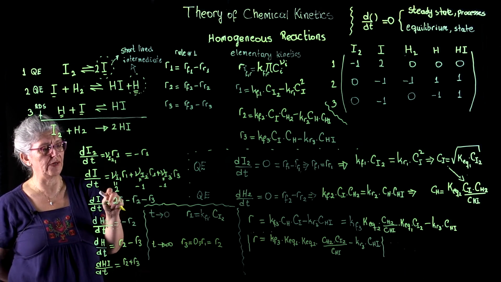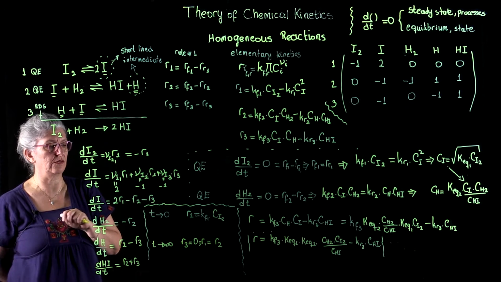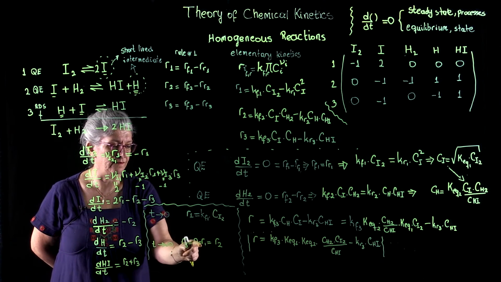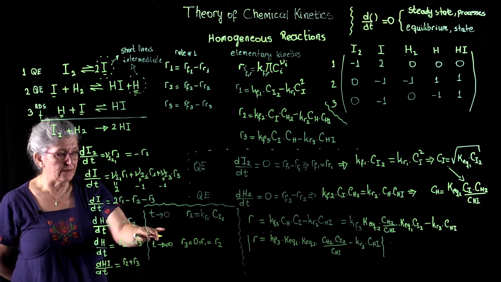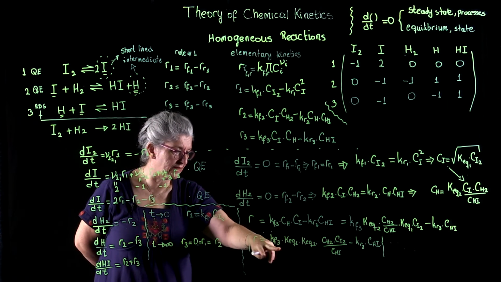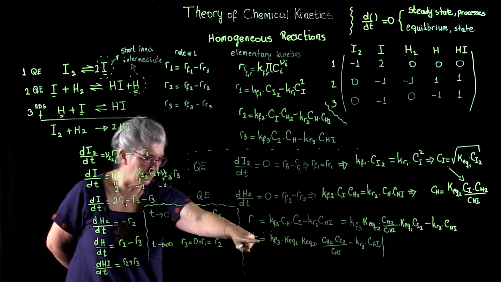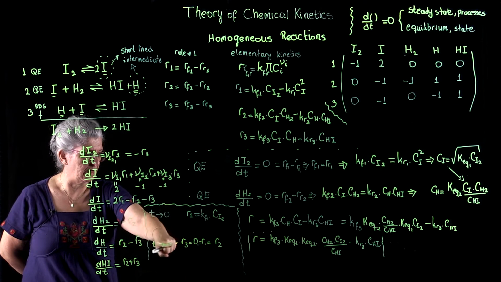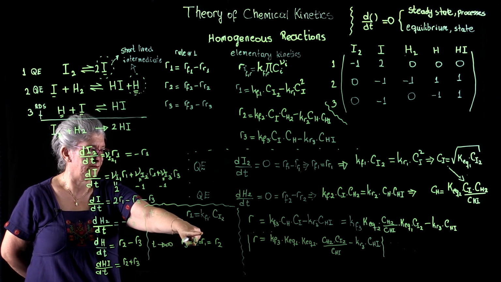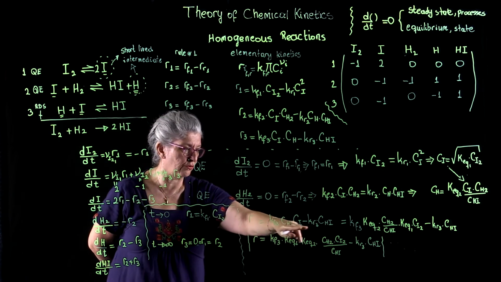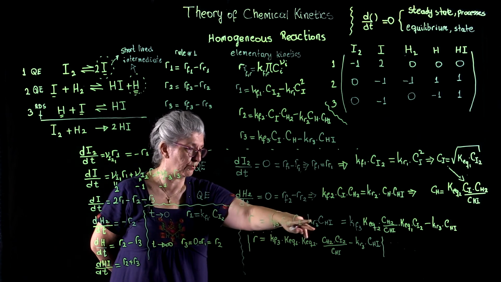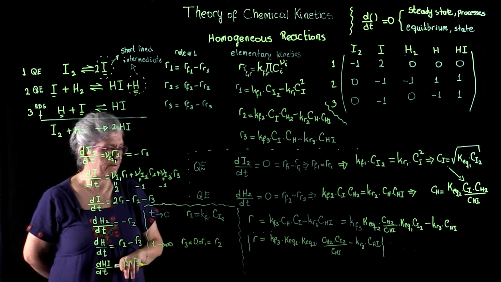R1, R2, and R3 are equal to 0. They are equilibrated. Now with that, let's look at this rate expression where we have the overall rate equal to R3.